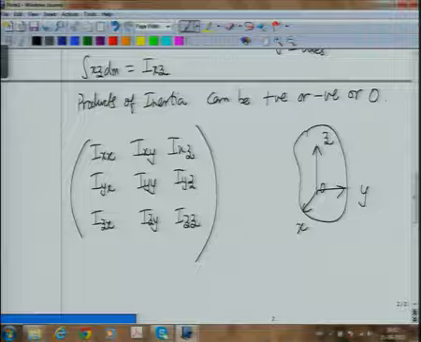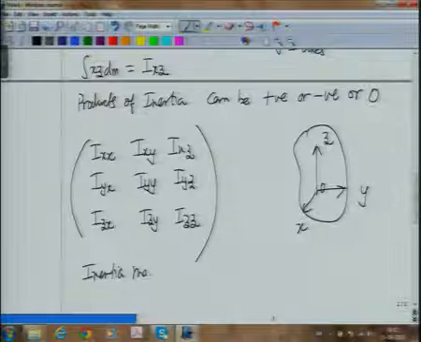now this matrix I can call the inertia matrix.